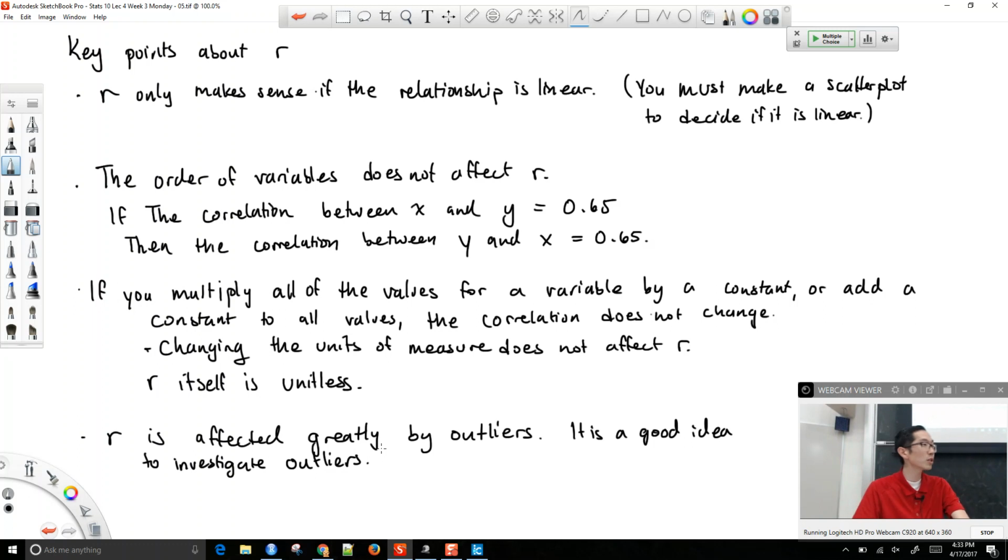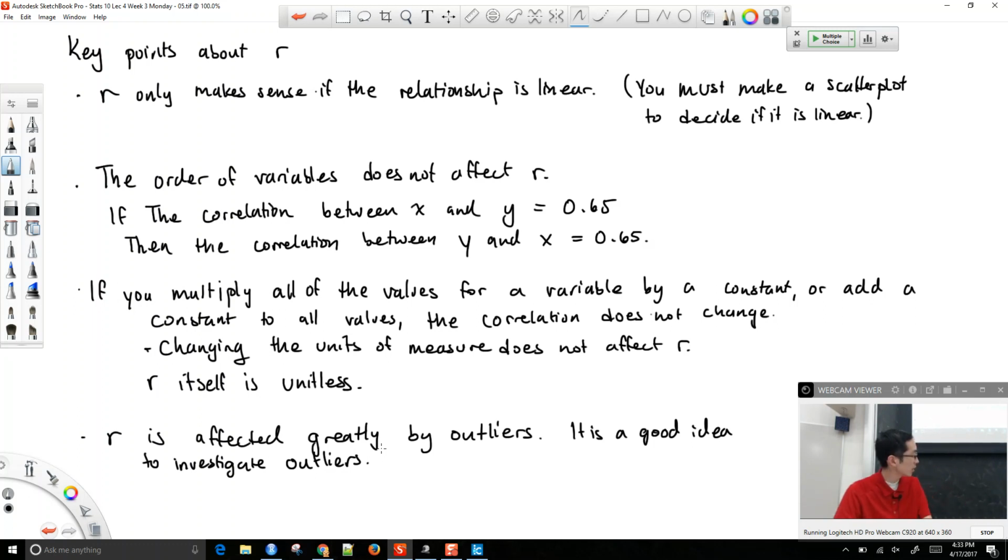It could be explained away. Somebody may have entered the data wrong, a typo, and in that case, you would get rid of it. But there could also be some kind of real phenomenon where for certain values you get something unusual.